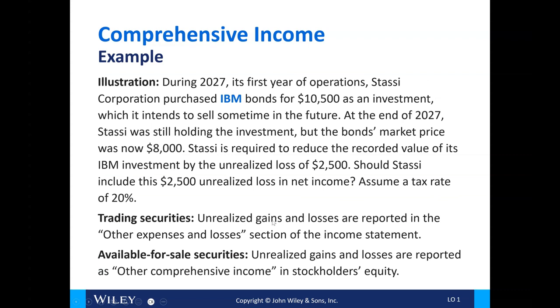So here, unrealized gains and losses on trading securities are reported in other expenses and losses section of the income statement. Available for sale securities, unrealized gains and losses are reported as other comprehensive income. So trading securities, that does get reported, but available for sale securities, you haven't sold them yet, so it's an unrealized gain.